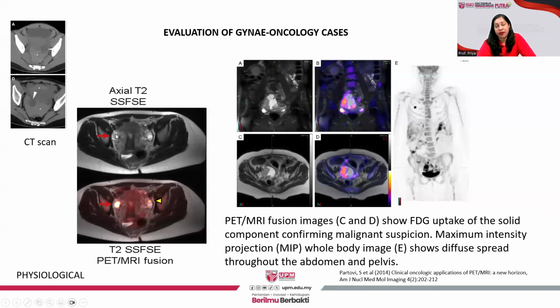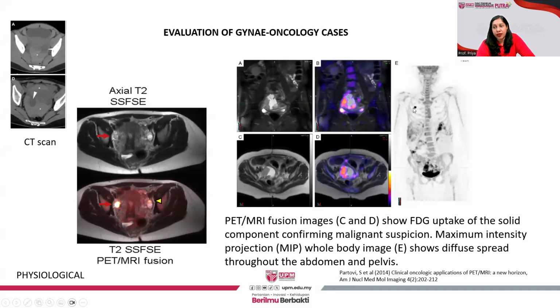However, with the MR characteristics of multiple simple follicles in the ovaries, we can determine that this is actually a physiological normal finding. As opposed to the images on the right, these images are PET-MR of a patient with an ovarian cancer. The feature on the MR shows a complex cyst with solid and cystic components and a thick wall. These are suspicious features. Furthermore, the solid component of the ovarian tumor has high FDG uptake.